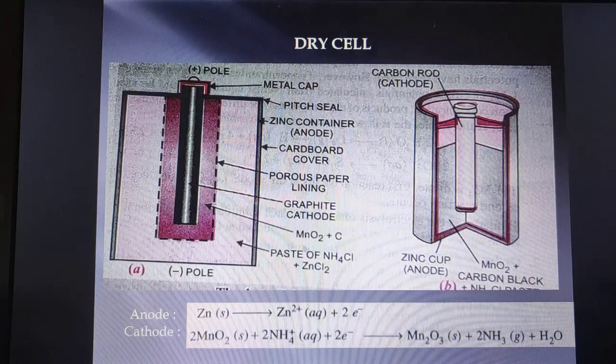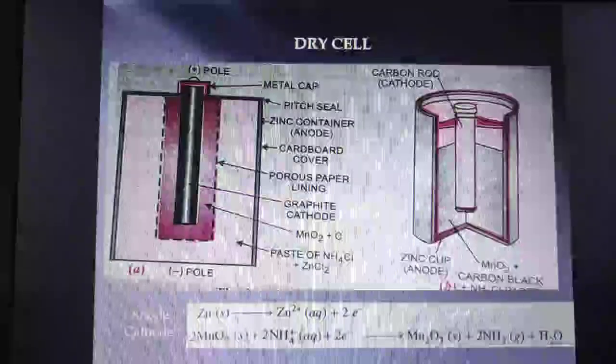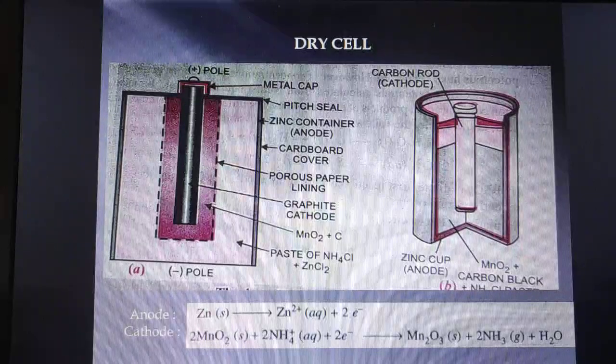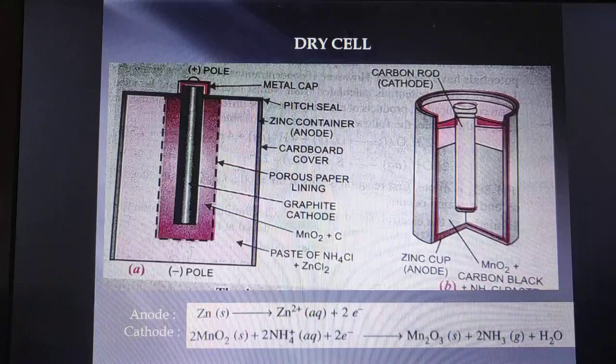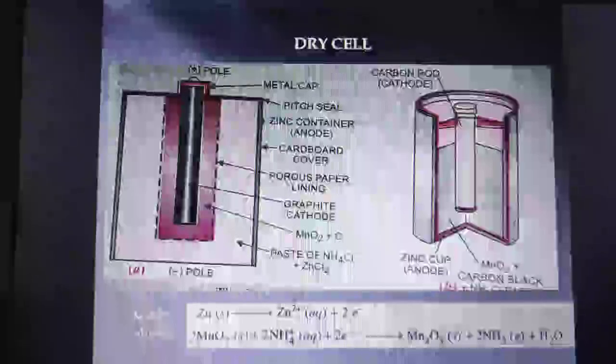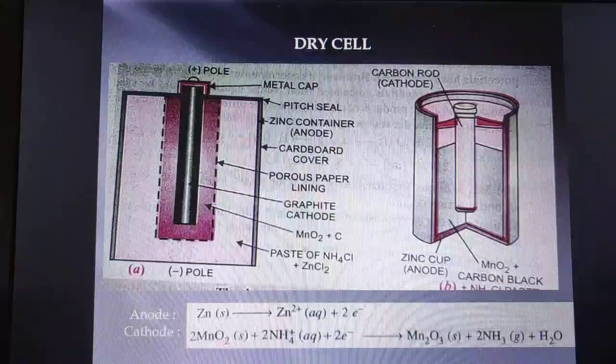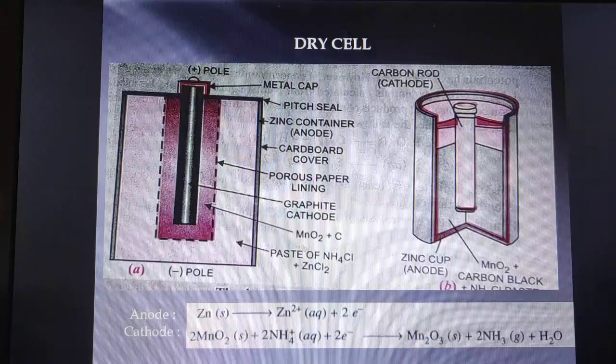Examples are the dry cell and the mercury cell. Whereas secondary cells are the cells which can be recharged. That is, the batteries which are rechargeable come under secondary cells. Examples of this are the lead storage battery and the nickel cadmium storage cell. Okay, let us start with the dry cell now.